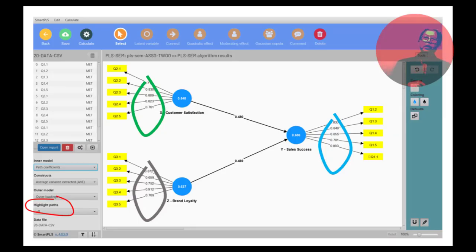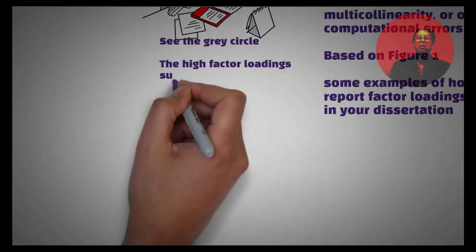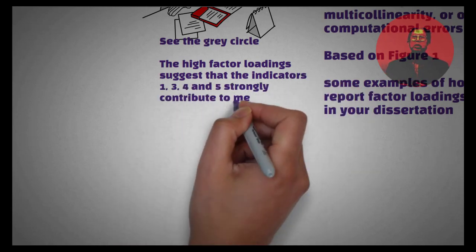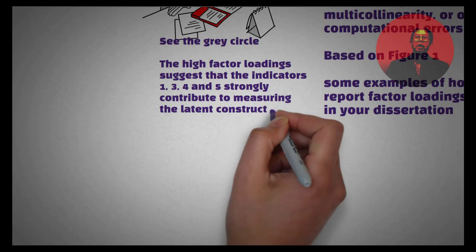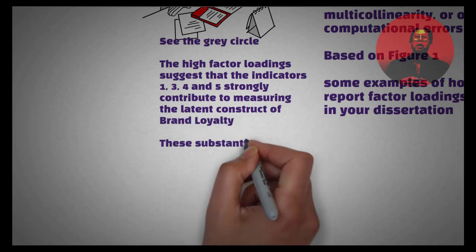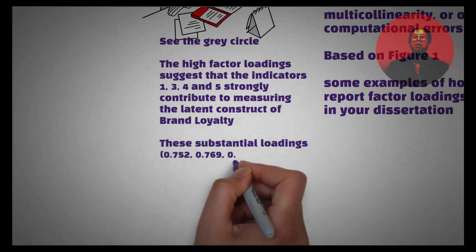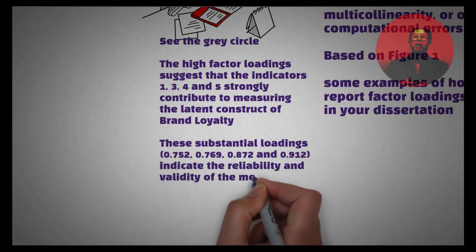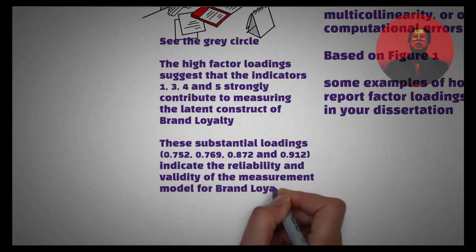See the gray circle now. The high factor loading suggests the indicators 1, 3, 4, and 5 strongly contribute to measuring the latent constructs of brand loyalty. Hence, these substantial loadings indicate the reliability and validity of the measurement model of brand loyalty, capturing its underlying dimensions.